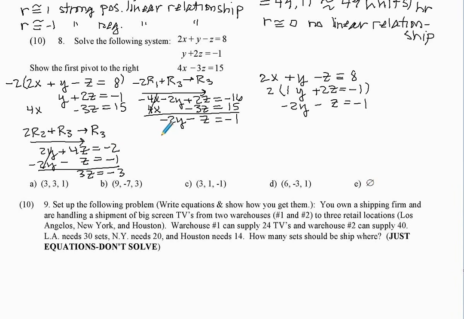So now our system of equations, only the third equation changes. First two stay the same. So 2x plus y minus z equals 8, and y plus 2z is -1. Those two stay. And now 3z equals -3.